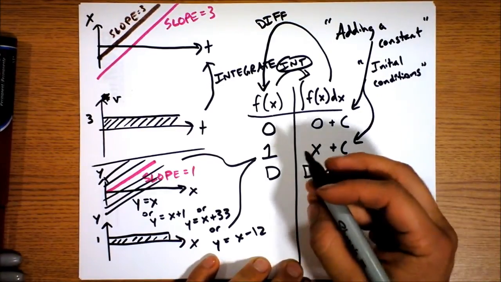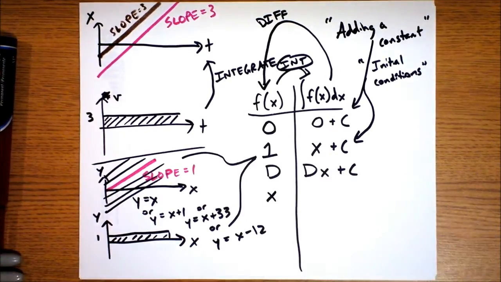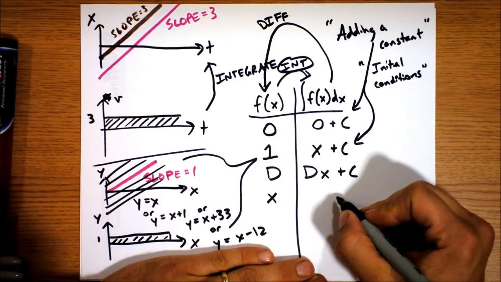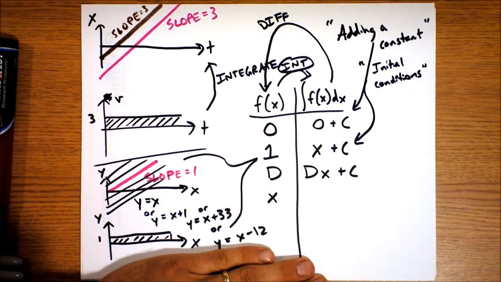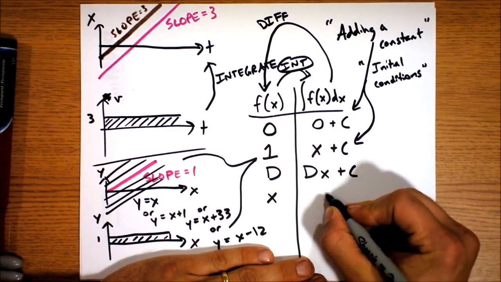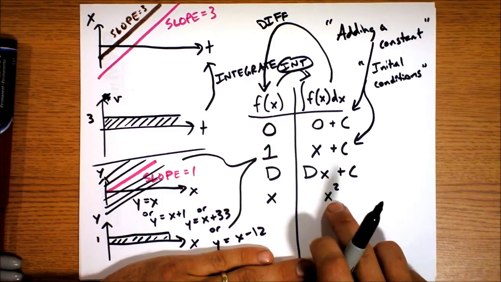If I want to get x over here, what do I need to differentiate to get x as my result? Now you may be tempted to consider x squared, because when you differentiate it, we lose a power of x.